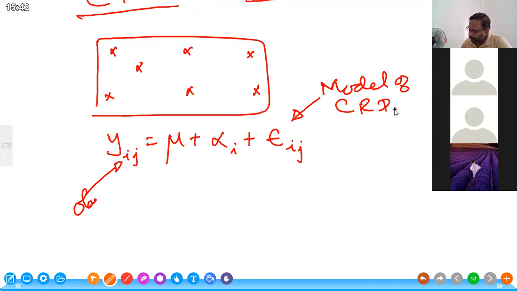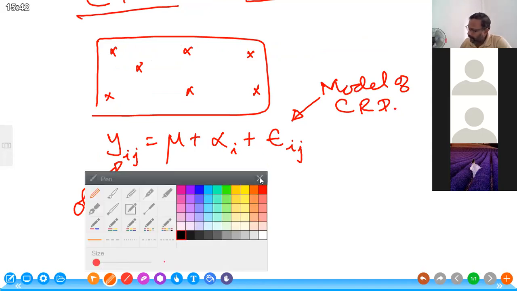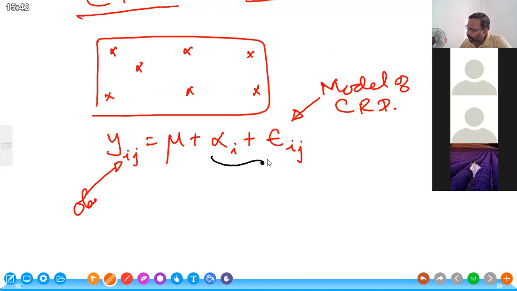When you formulate your ANOVA, these are the components that come automatically in ANOVA, right? Let's say this is an observed value of the ith treatment, jth replicate.